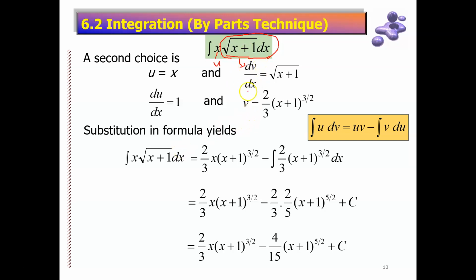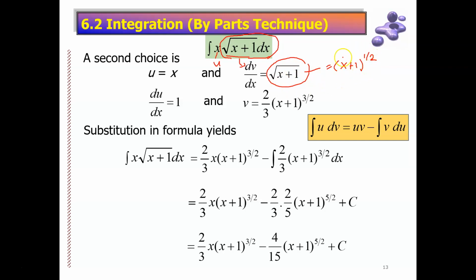We integrate this part, so you get only v. As I mentioned many times, the square root is equal to the power of 1 over 2.